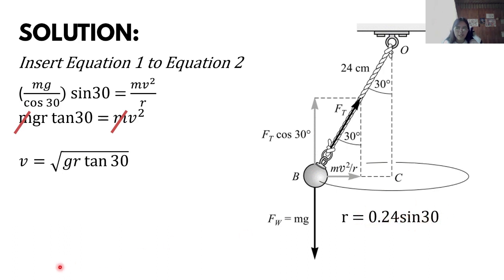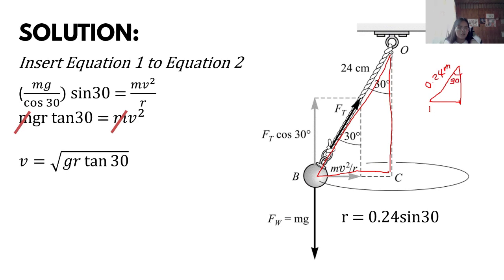Paano nangyari yan? Notice na yung triangle dito, yung malaki, hiwalay natin dito. Ito yung 24 cm or 0.24 meters. Ito yung 30 degrees.